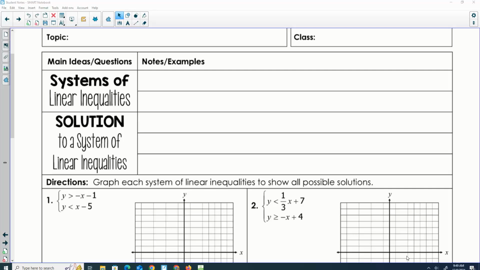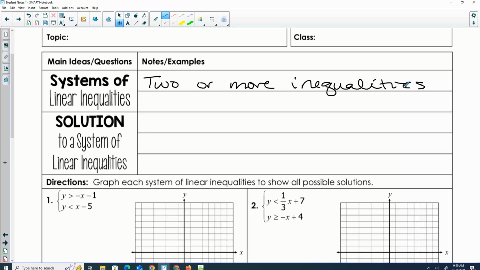So we're doing the same thing today, but we are going to have more than one inequality. A system of linear inequalities is two or more inequalities grouped together.